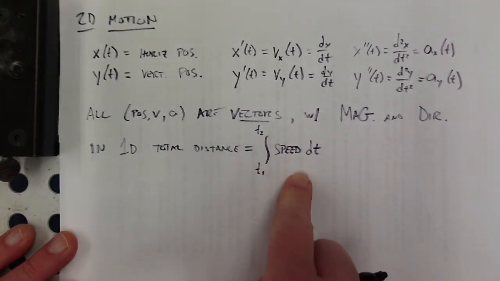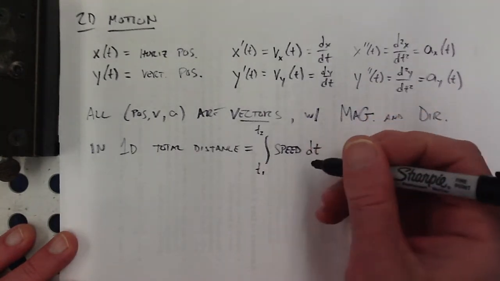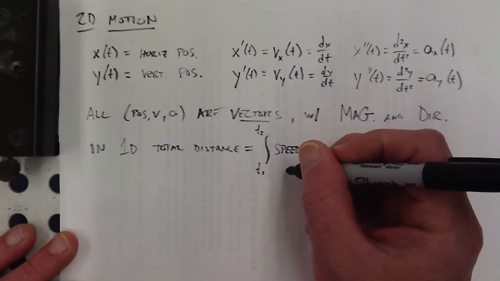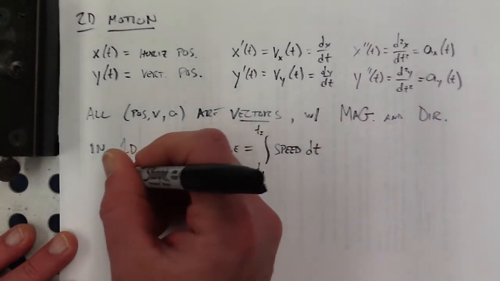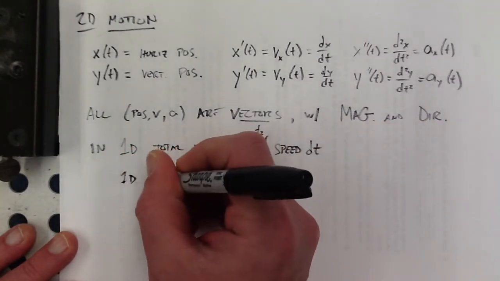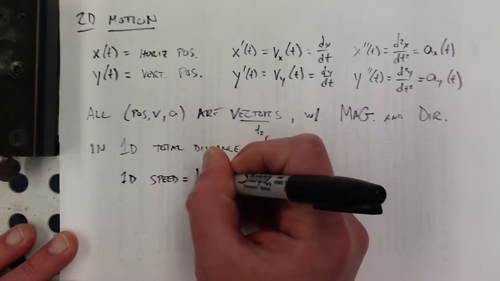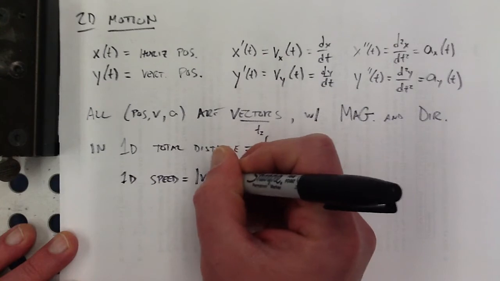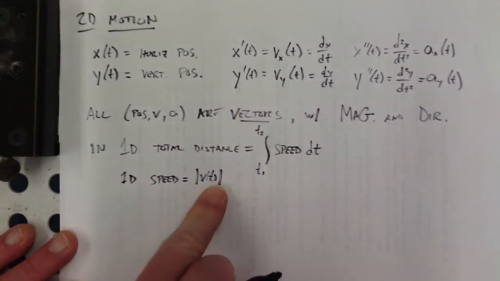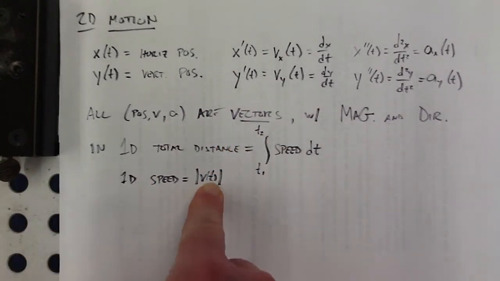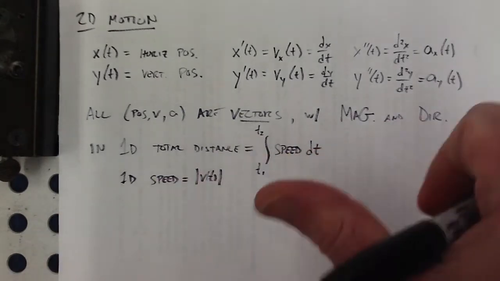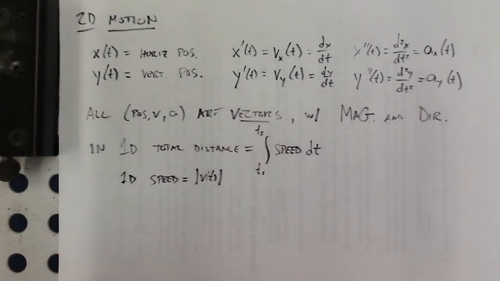And in one dimension, speed is just equal to the absolute value of velocity, because the only thing going on direction-wise in one dimension is that it's either positive or negative. So your speed is just, ditch the negative sign and keep the positive version of it.